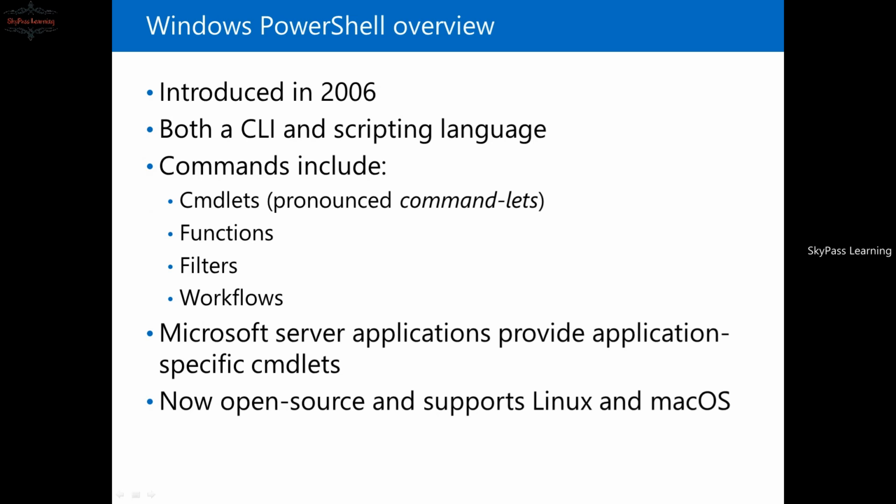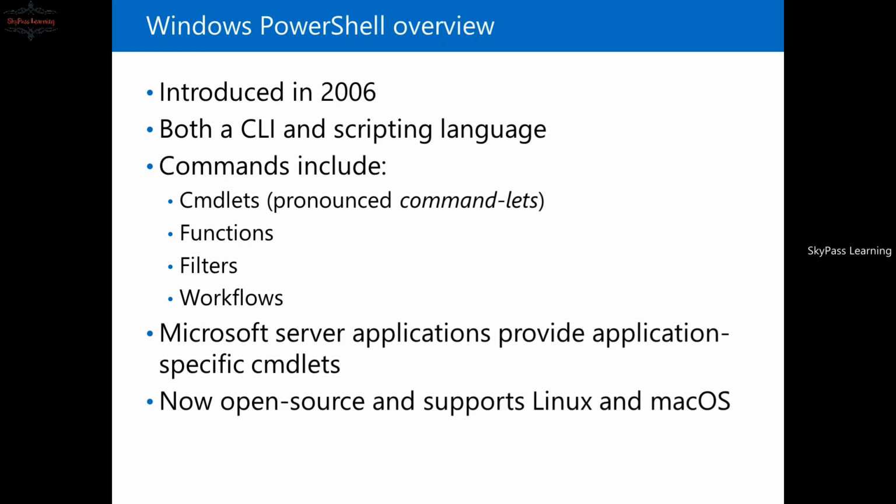When we are talking about Windows PowerShell, it was introduced in 2006, and it's built on the Microsoft .NET platform. That helps you to automate your administrative activities or tasks. The primary version was used to replace your command prompt.